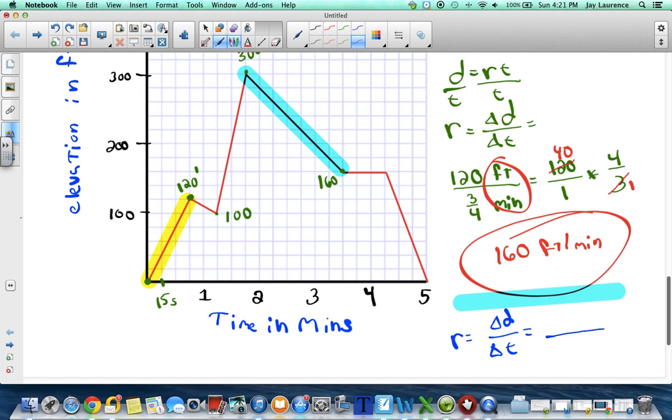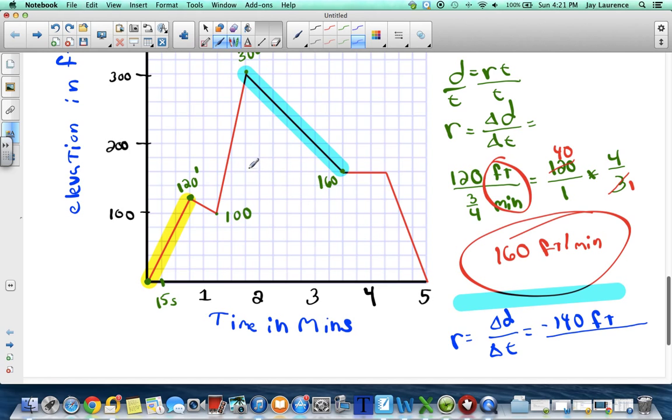And so my change in elevation looks like I'm going from 300 down to 160. Yeah, it's a change of 140 feet. And if you want to make it negative to indicate direction, that's quite all right. Go ahead and make it negative to indicate the direction.